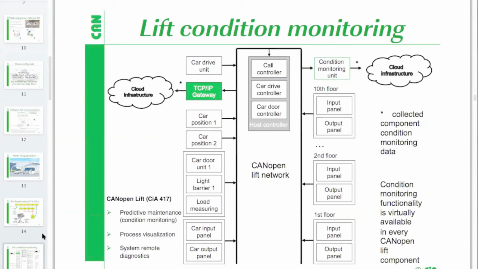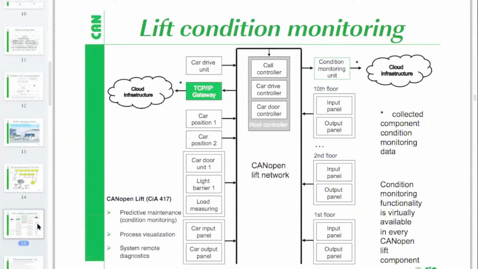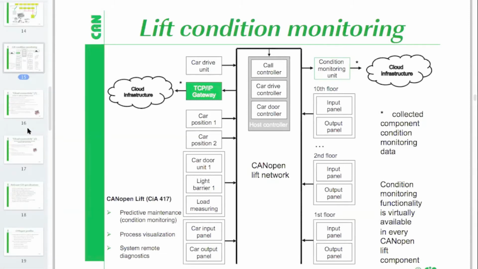There are no very big specifics. I just collect the data in a manufacturer-specific way from this gateway. But the data is coming into the gateway from the CANopen network, in a very standardized CANopen embedded way. So, two nice examples.